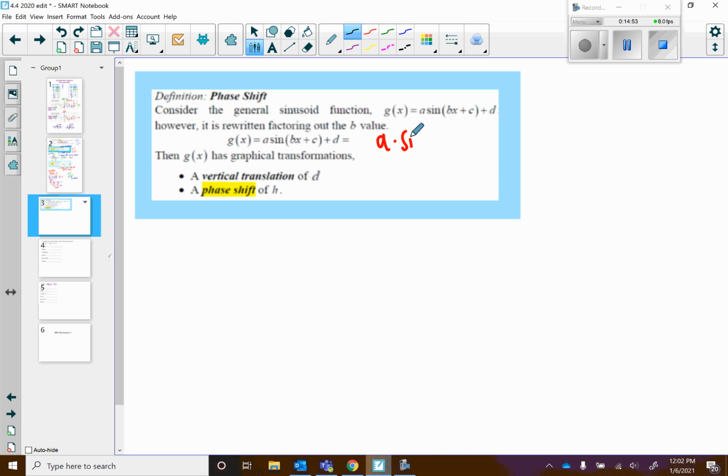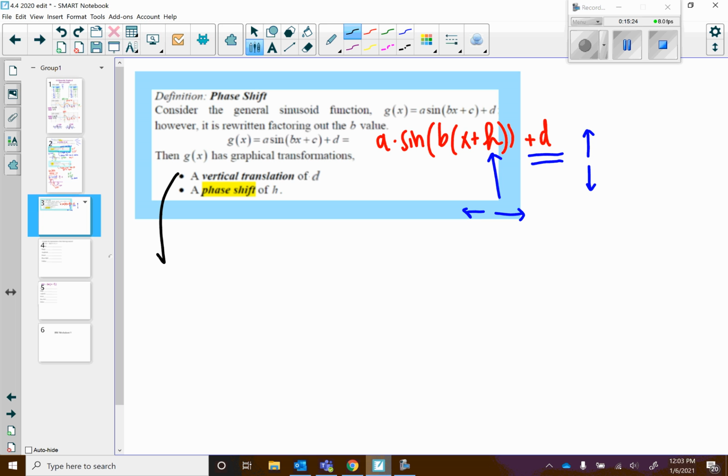A times sine of b times the quantity x plus, I'm going to say h here. h is like c divided by b, basically, plus d. And if we think back to what we remember about our left, right, up, and down, hopefully you remember adding it to the outside is our vertical shift up or down. Adding it to the inside is our horizontal shift to the left or to the right.